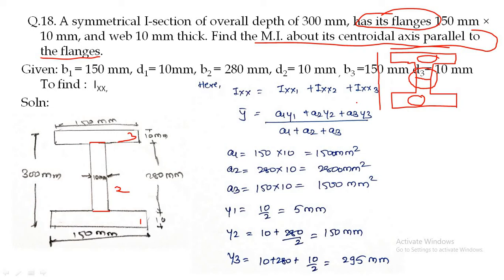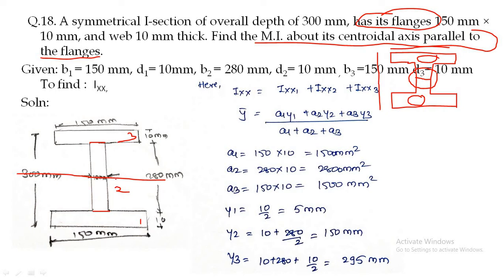In this particular question, this I section is symmetric about its horizontal axis. This means if you draw a line at 150 mm, as the total height is 300 mm, the top rectangle and the bottom rectangle will look the same.